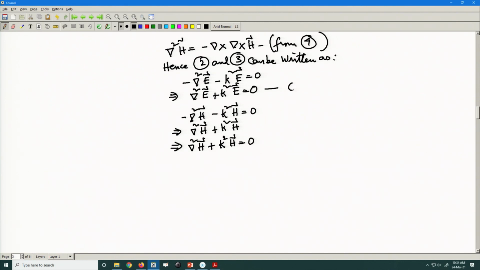We call this equation 6 and we call this equation 7. So, these are the wave equations satisfied by the electric field and the magnetic field. The same wave equation is satisfied by the electric field and the magnetic field. This wave equation is also called the Helmholtz equation.